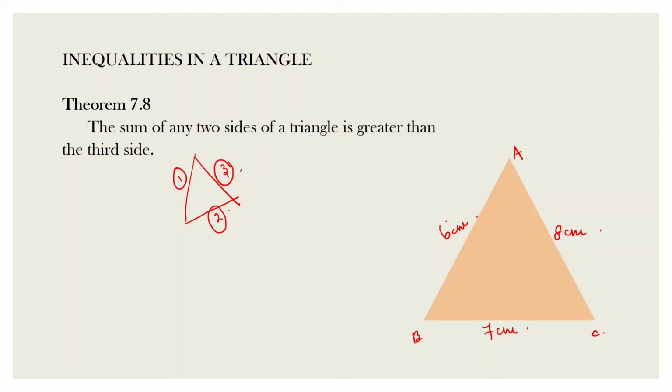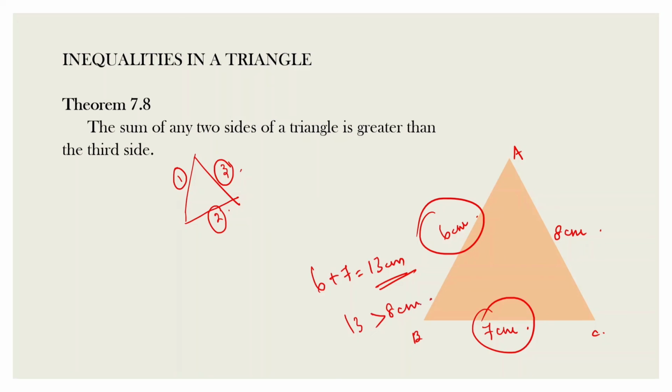For instance, let's add side AB and side BC. 6 plus 7 gets 13 cm, which is greater than 8 cm. So in any triangle, when you add two sides, it will always be greater than the third side.